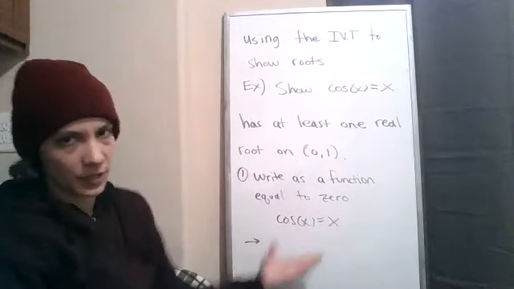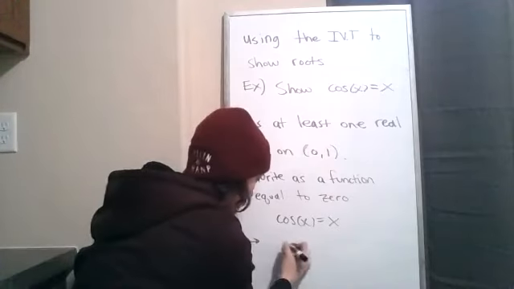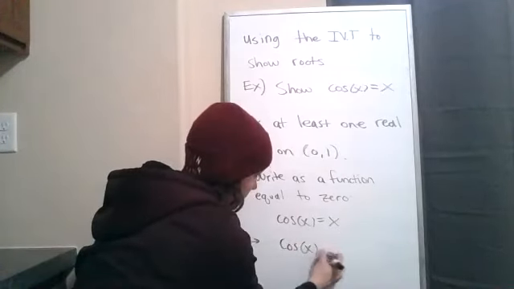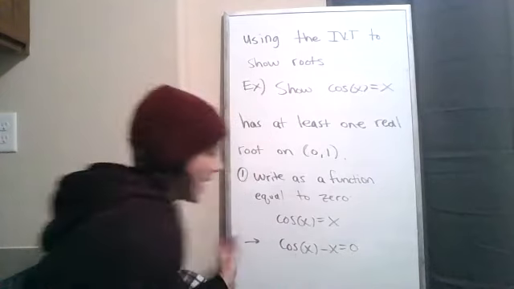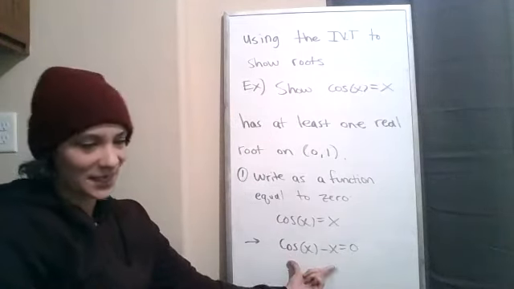We'll just subtract x from both sides, so cosine of x minus x equals 0. And we'll let f of x equal cosine of x minus x.